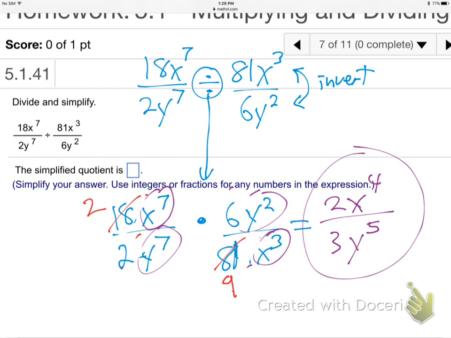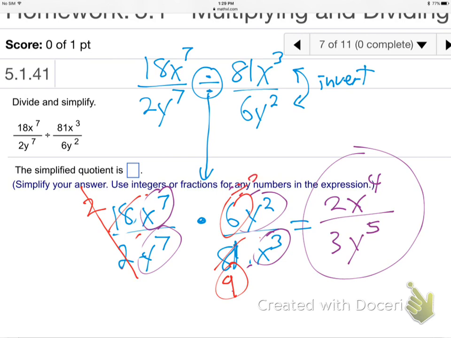And then I went, okay, you can just go 2 cancels 2. Anything in the top with anything in the bottom, diagonal or straight up and down, that match, you can cancel. Does that make sense? There's no glue here. Nothing's plus or minus, no glue. So I'm canceling. Now I have 6 over 9, but what goes into both 6 and 9? 3 does. 3 goes into 6. 3 goes into 9.